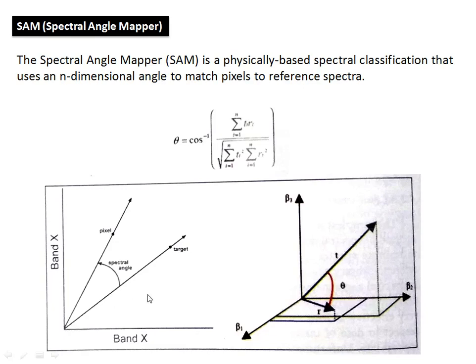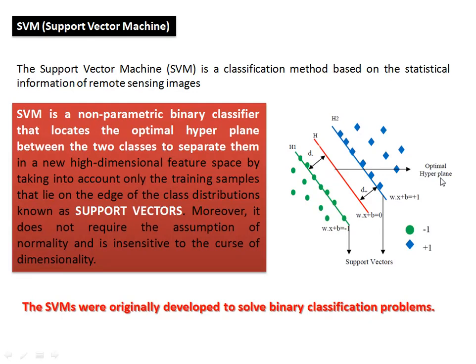If the angle is wider, then you can say the spectra are quite dissimilar. This is the basic idea of the spectral angle mapper, and the spectral angle values lie between 0 and pi by 2. So this is the spectral angle mapper.